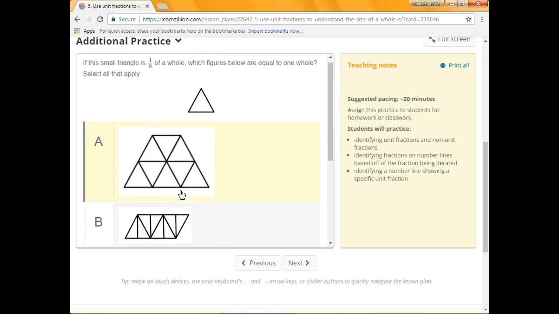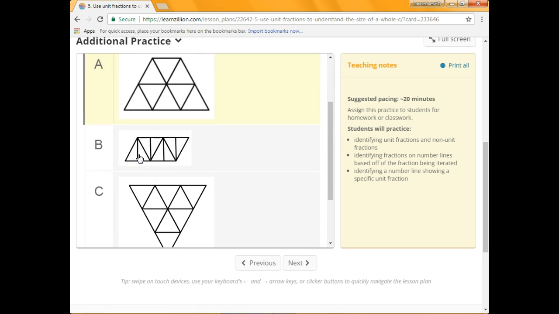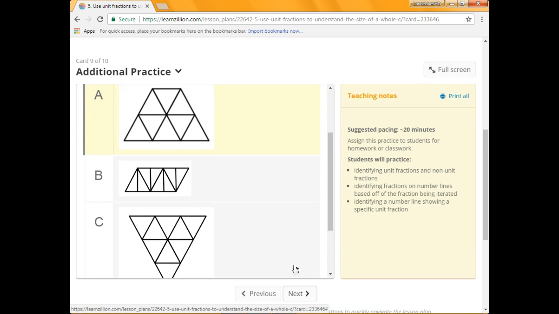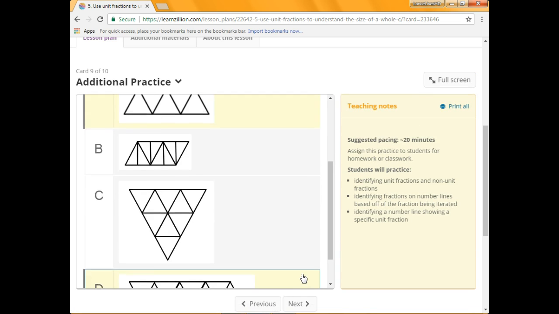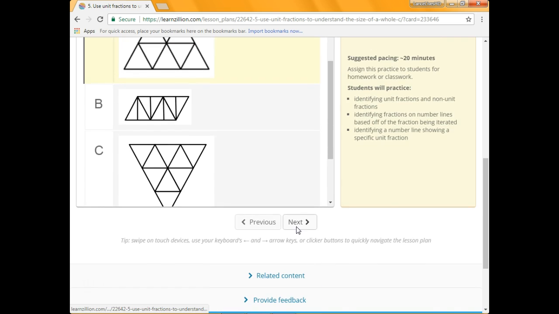And this is one of them. 1, 2, okay. No, we already know that this is not one of them because they're not equal, because those two halves equal one of those, and it's split in half, so we can't count that as one of them.